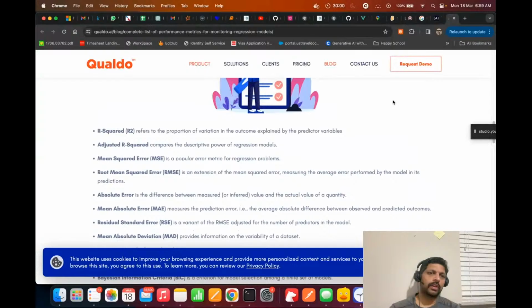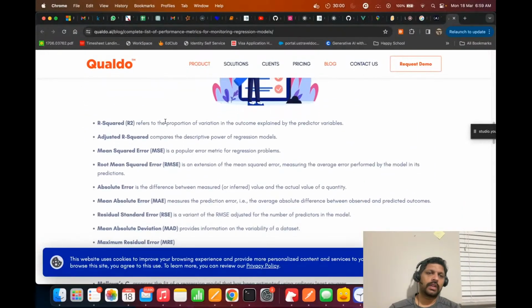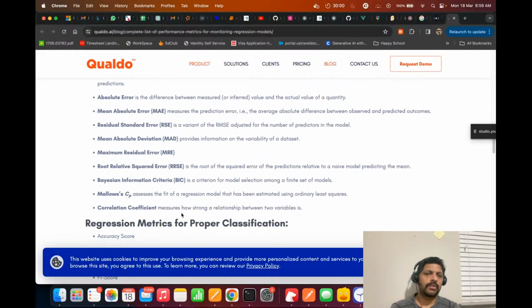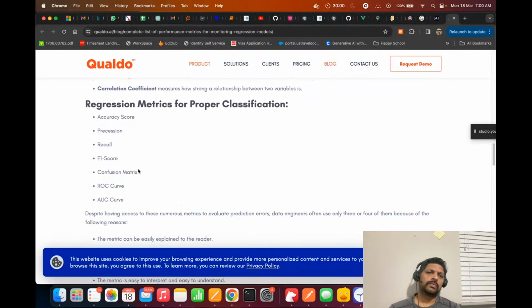Oh, you show me here. R square, adjusted R square, mean square error, RMSE, mean absolute error, residual standard error, mean absolute deviation, maximum residual error, root relative square error, information criteria based metrics. Mallows' Cp assesses the fit of a regression model, and the correlation coefficient measures how strong the relationship is.